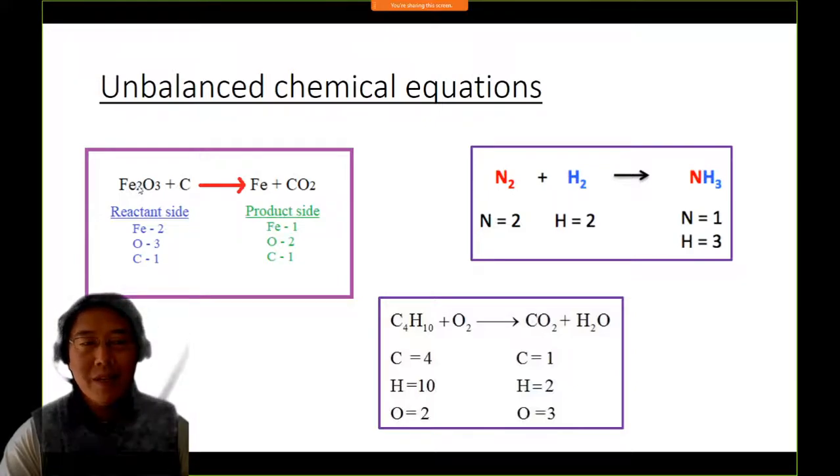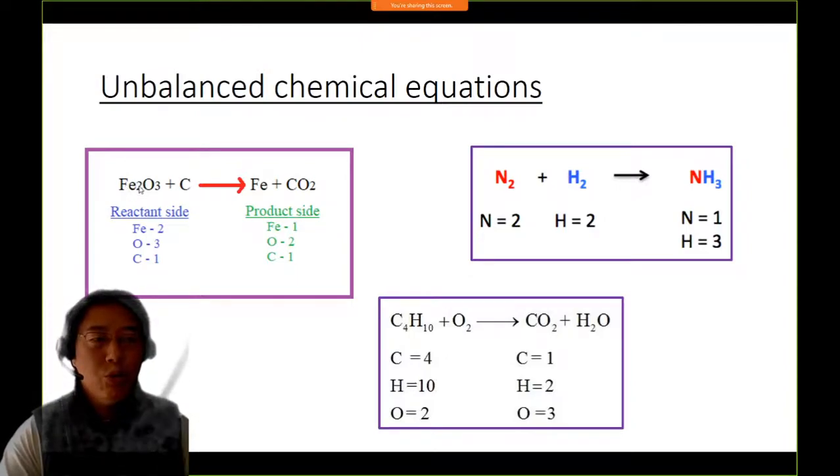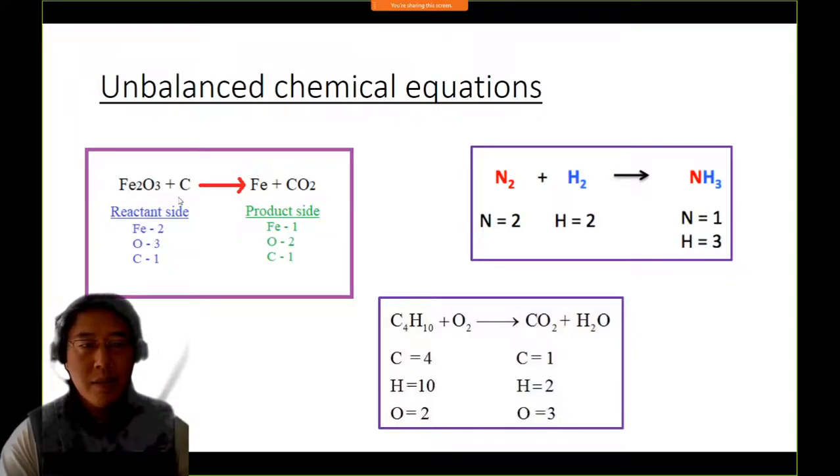It's a suffix that tells you how many of the previous atom you have. So the 2 here indicates that you have 2 irons. There's no other iron on the left-hand side, so you put 2 here, 3 with oxygen, and carbon has no number, so it means it has 1. You do the same on the product side, so you have 1 iron, 2 oxygen, and 1 carbon. And when you compare the reactant and the product sides, you will notice that you have an imbalance.